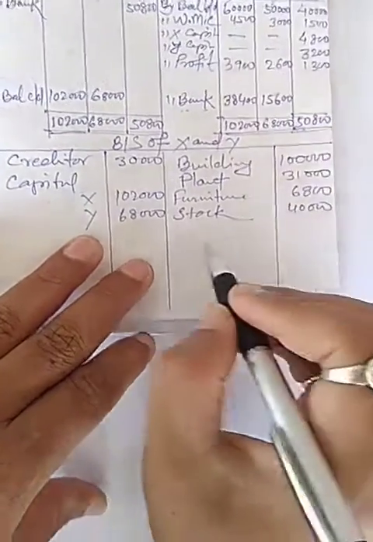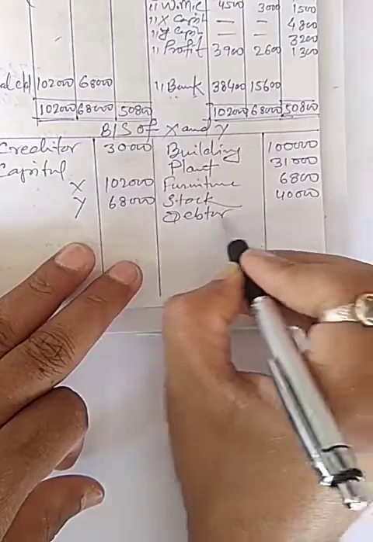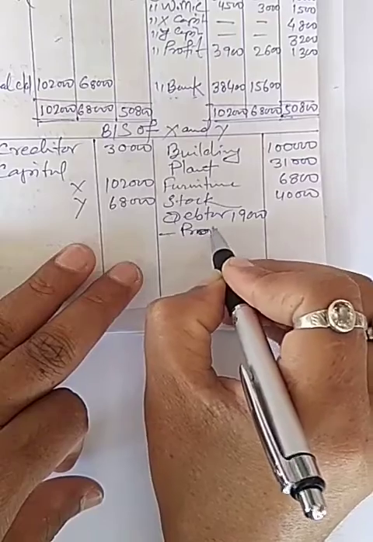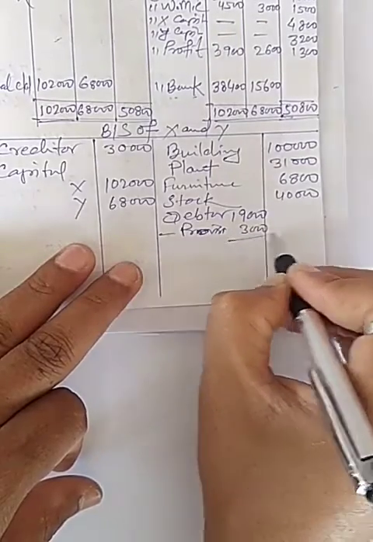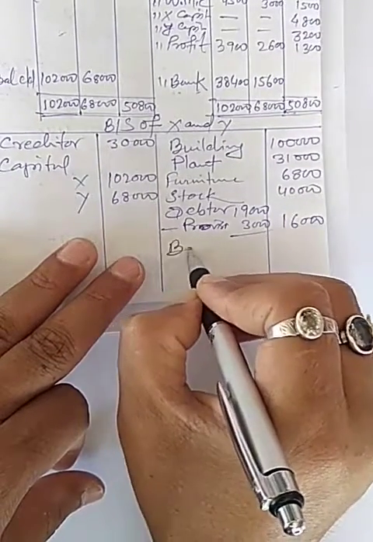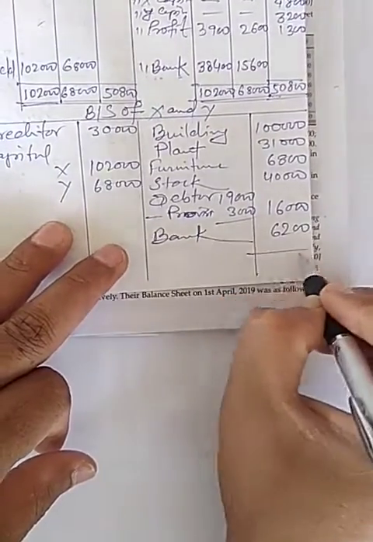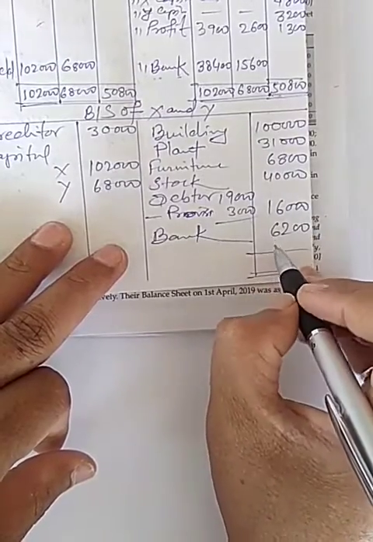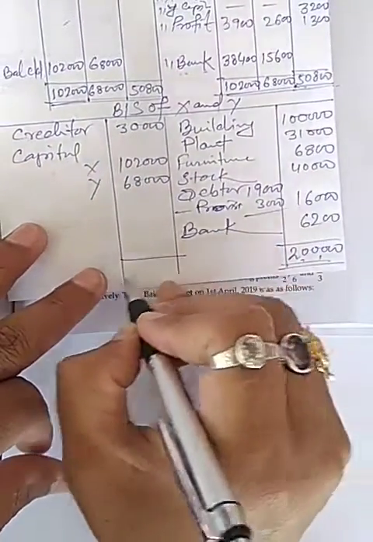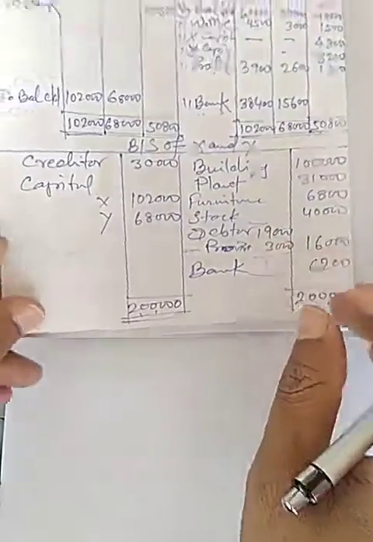It will remain the same, no change in stock. Debtor now will be minus provision 3,000, so it will remain 16,000 only. Now bank balance has been calculated, 6,200. Total amount will be 2 lakh. So this is the solution.